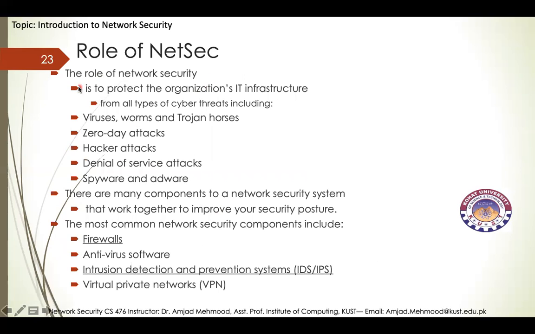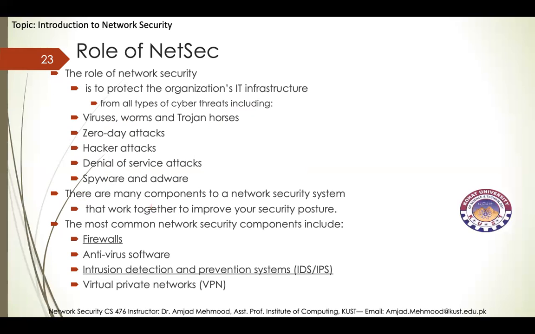The role of network security is to protect the organization's IT infrastructure from all types of cyber threats, including viruses, bombs, and Trojan horses, zero-day attacks, hacker attacks, denial of service attacks, spyware and adware.